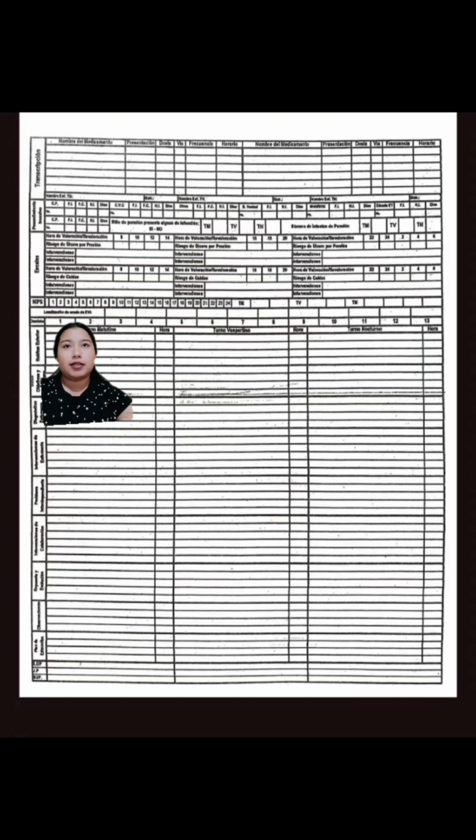The next scale is the NIPS. It evaluates pain in newborns considering facial expressions, crying, breathing, and movements to measure its intensity. On the sheet there are numbers from 1 to 24, where the highest number indicates greater intensity of pain.